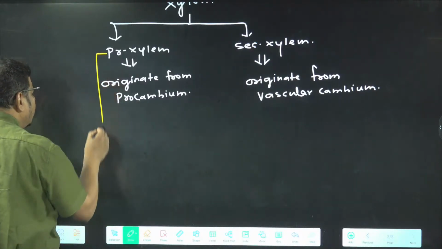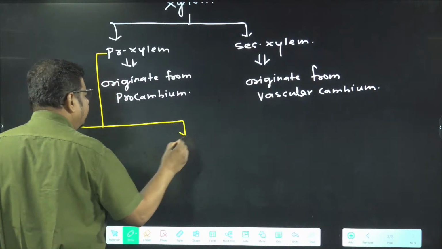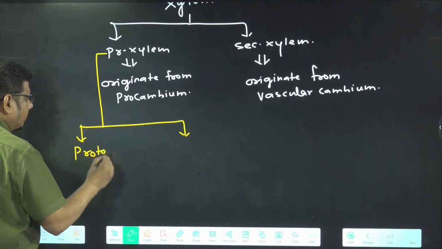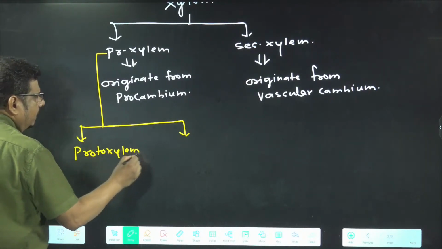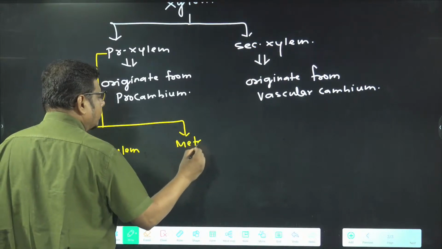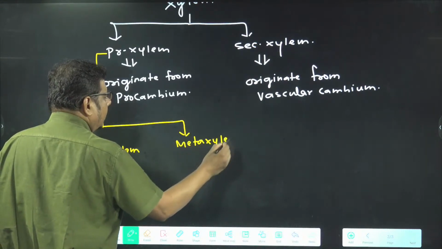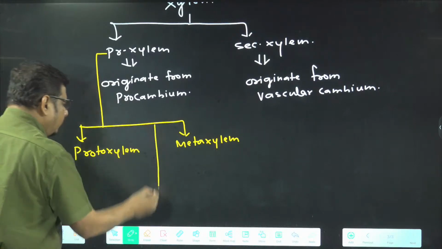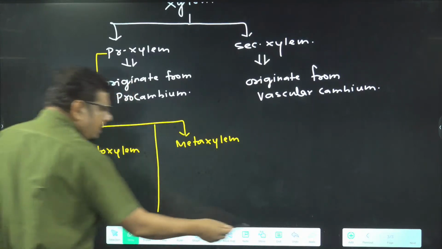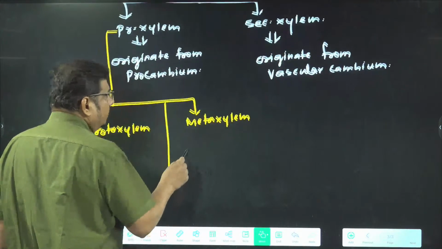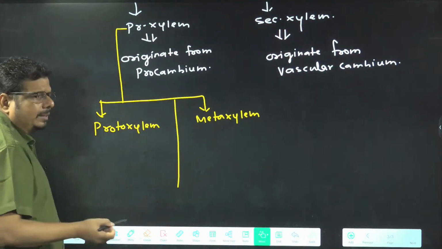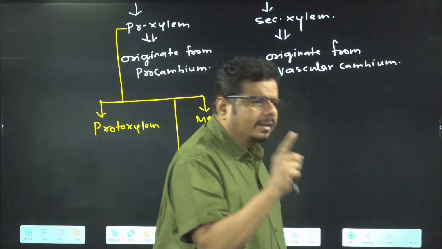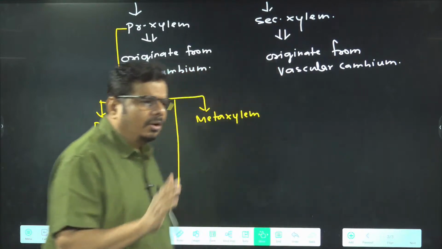If you talk about the primary xylem, it is of two types: protoxylem and another one is metaxylem. Both are primary xylem. Don't confuse yourself. Many times students think proto is primary, meta is secondary. That is not correct.